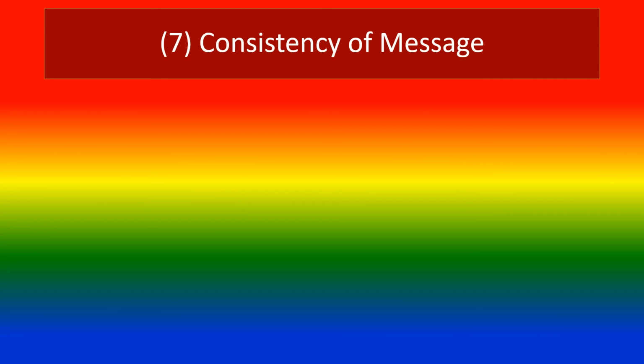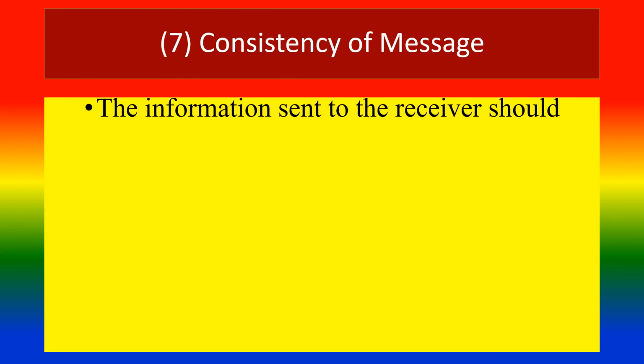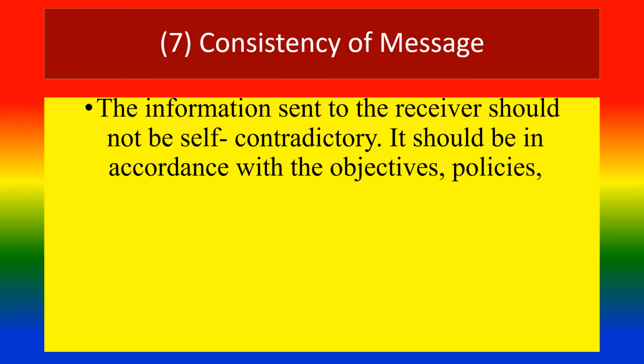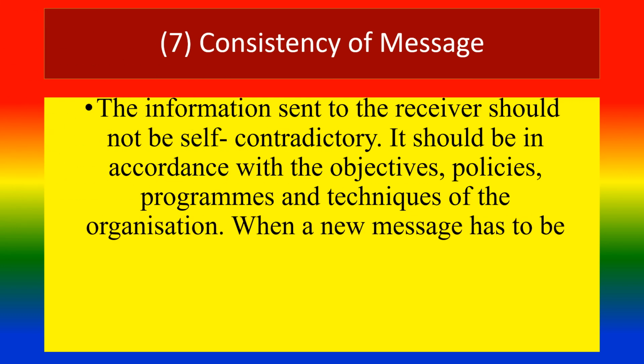Seven, consistency of message. The information sent to the receiver should not be self-contradictory. It should be in accordance with the objectives, policies, programs, and techniques of the organization.